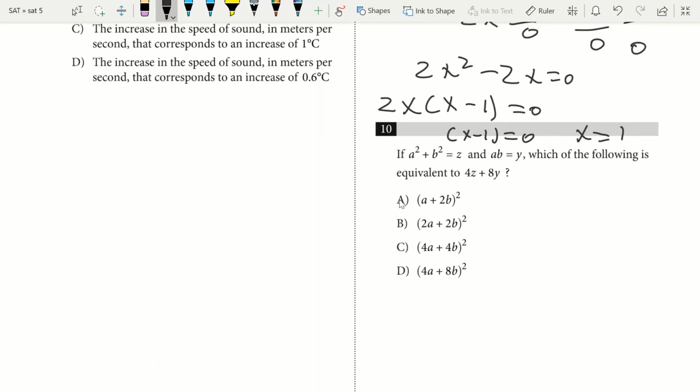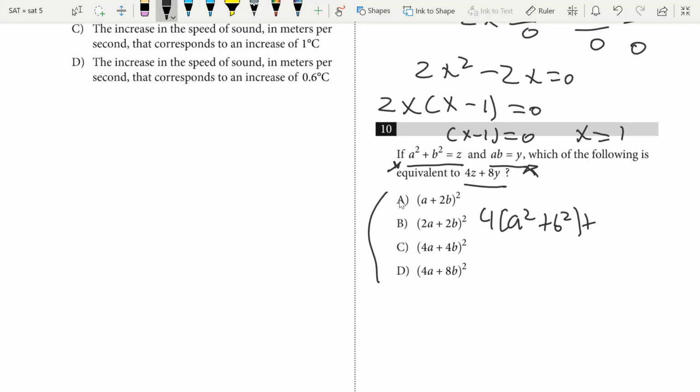Question 10. If a squared plus b squared equals z and a times b equals y, which of the following is equivalent to 4z plus 8y? Well, we're given our z in this equation, and we're given what our y equals in this equation. So we're going to plug those in so we can find which of our answer choices is equivalent. So we have 4 times z, and we're told that z is a squared plus b squared.